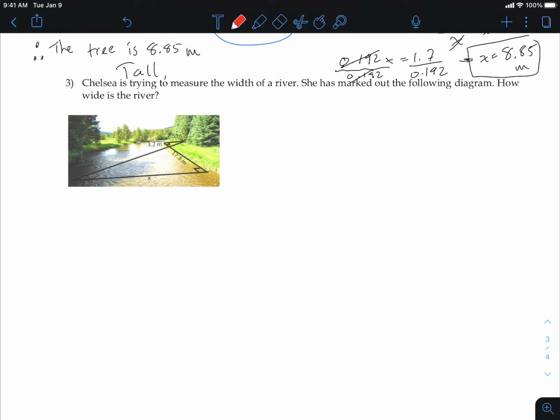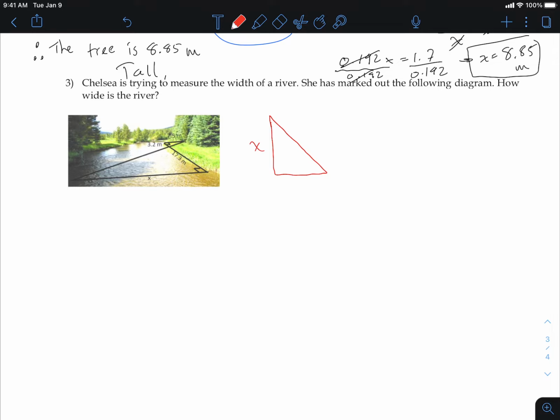So what you can do from this picture, or if it's given in the words, I would draw the big triangle. I'm just going to redraw this, but with two separate triangles so that we can see. Okay, so I'm going to say the width of the river is going to be X, right?